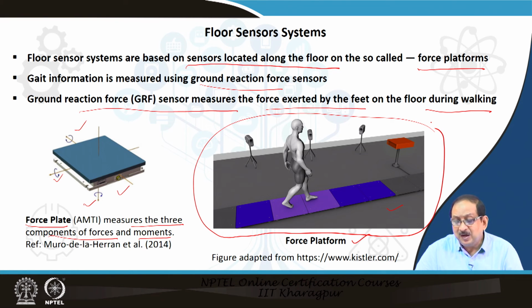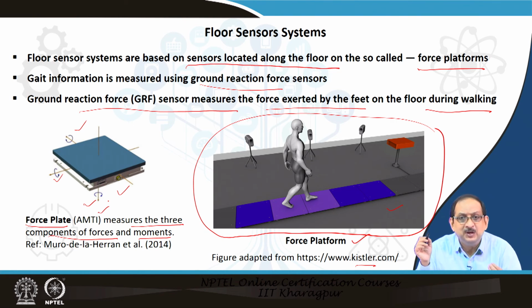This is a typical example of a force platform, and one of the prime manufacturers of force platforms is Kistler, for example. AMTI is a prime manufacturer of force plates. This is a setup of the force platform on which a subject can walk.